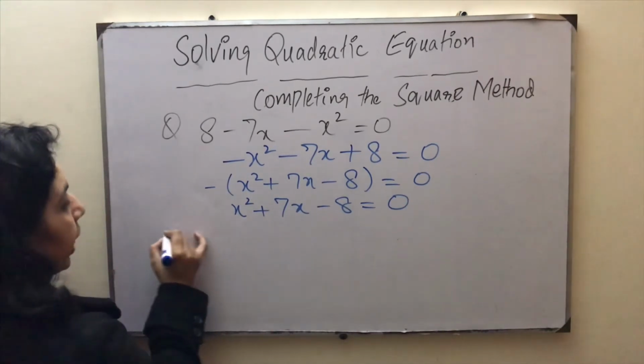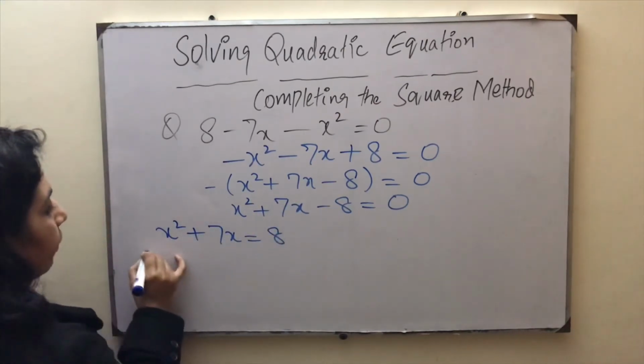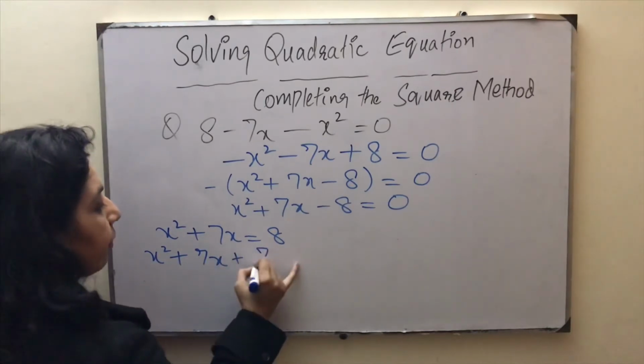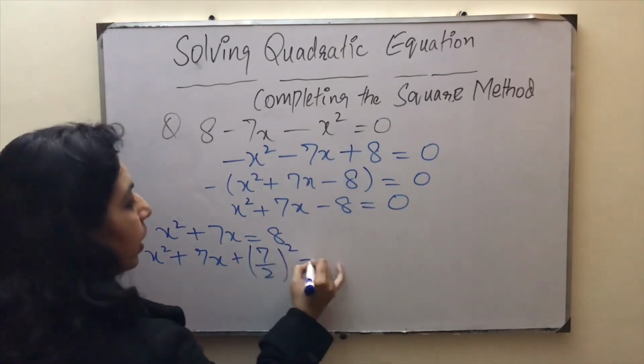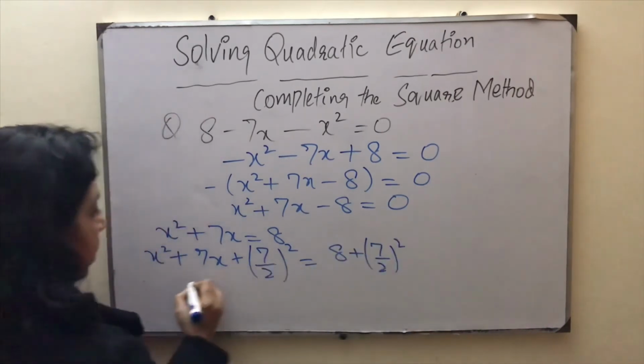Okay, now we take this 8 to the other side, positive. We half the middle term, it will be 7 over 2. Add the half of the middle term on both sides.